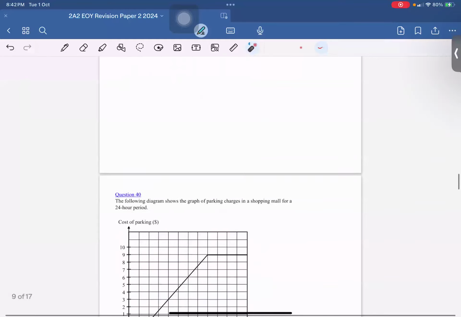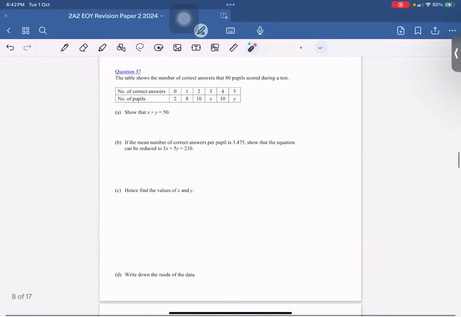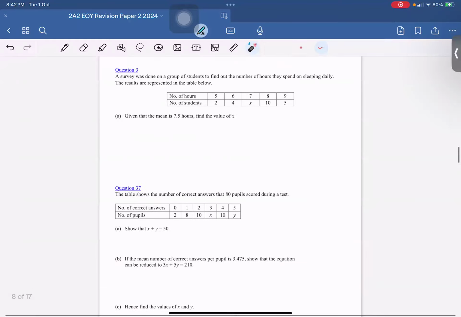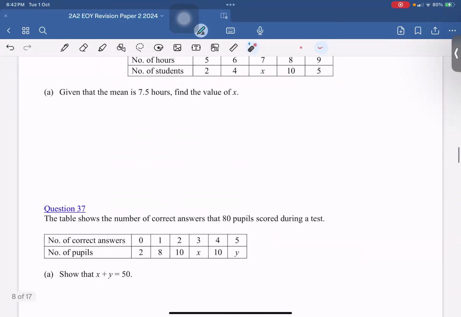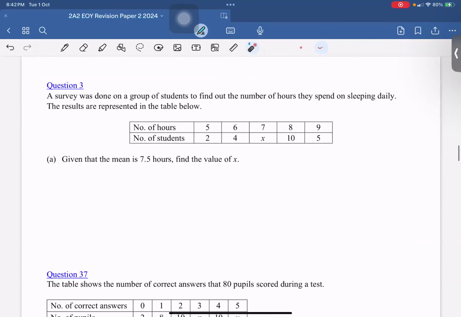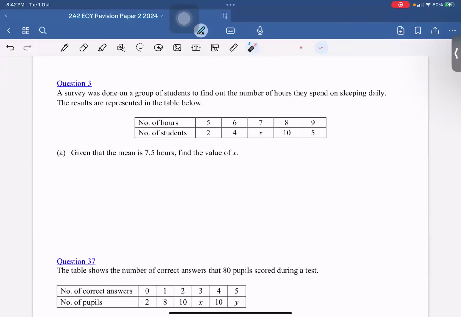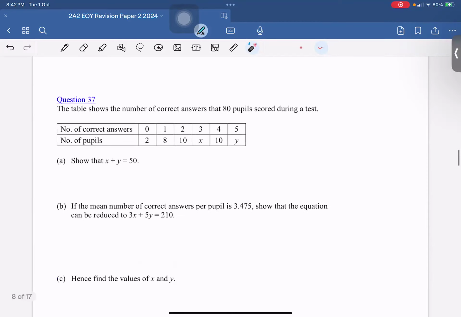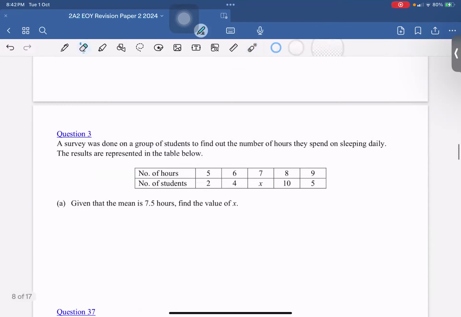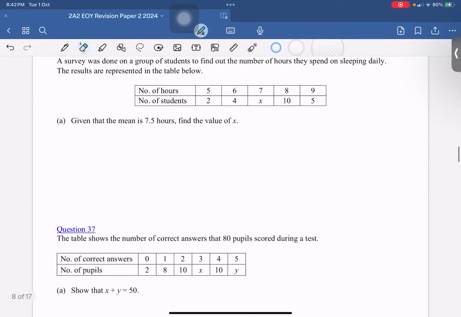You know how they will ask for like the mean, sum fx over sum f. Like this one, question number 3 here. You need 5 times 2, then 6 times 4. After you cross multiply or whatever, there is either a simultaneous or a quadratic equation.